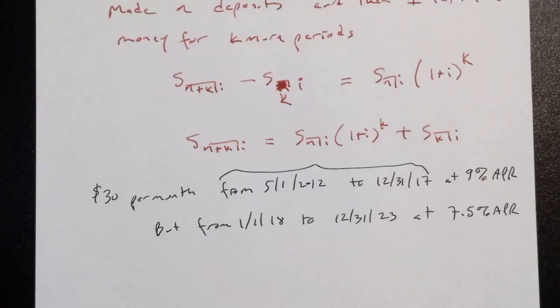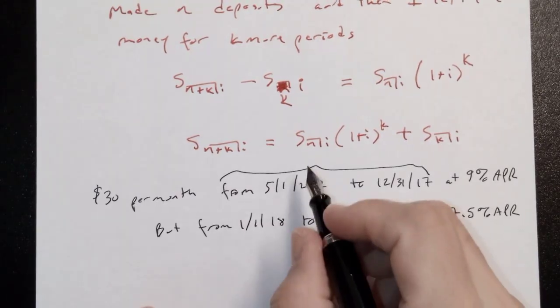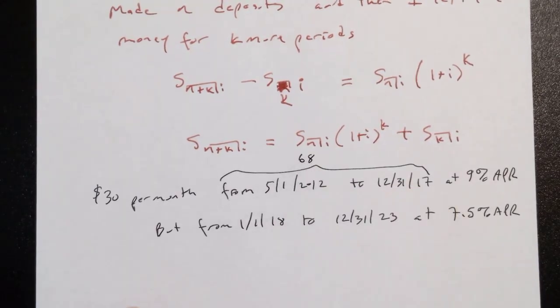All of 17, 16, 15, 14, and 13. That's 5 years. That's 60 months. And then in 2012, May, June, July, August, September, October, November, December, that's 8. So this is 68 months.